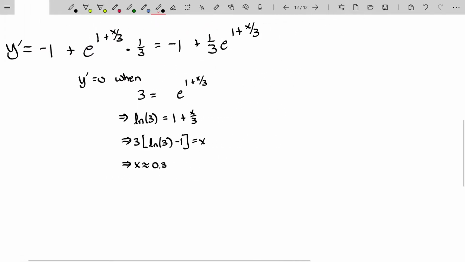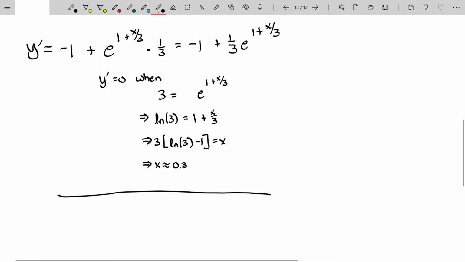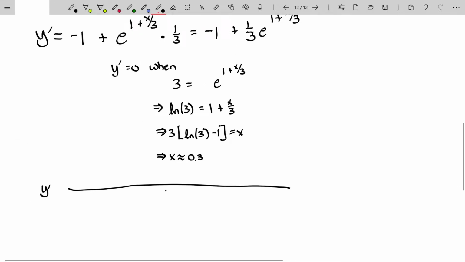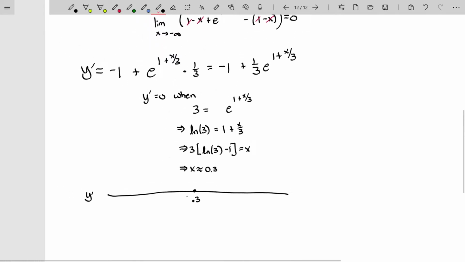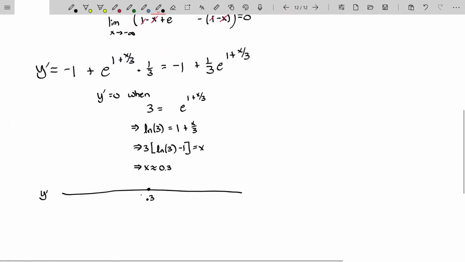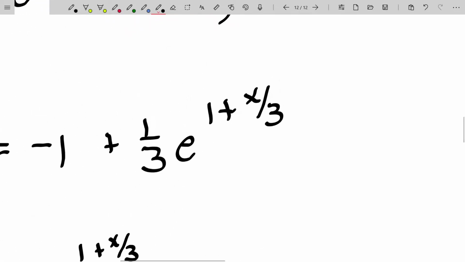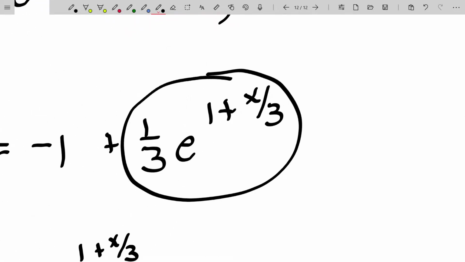Here's my number line. Oops, not yet. Now there's my number line, y prime, and I'll just plot in here 0.3. Prior to 0.3, is our derivative positive or negative? Like at x equals negative 3 trillion, for example. At x equals negative 3 trillion, this is basically 0.